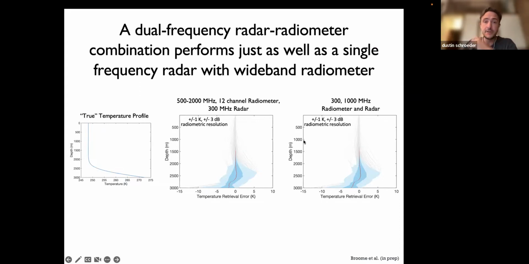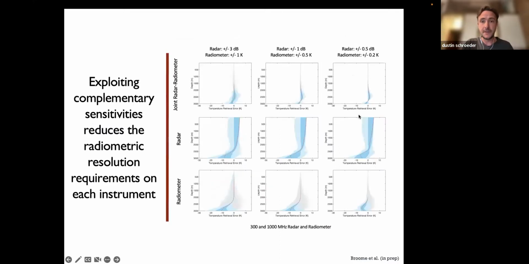So in this case, she's saying, okay, if we have a nice, 12-channel radiometer that gives you the constraints on the left, and it performs pretty similarly to the radar plus radiometer. These are both have radar plus radiometer with fewer channels. It's because the radar is doing a lot of work for you. So you're now not counting on that radiometer to get deeper and deeper to constrain that temperature profile and use the physics to get you down to the bed. So that's one massive relaxation in the system demands.